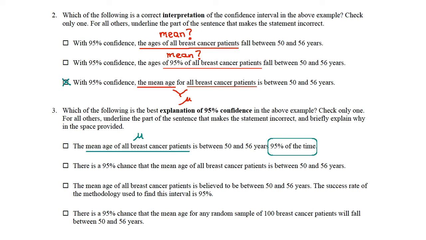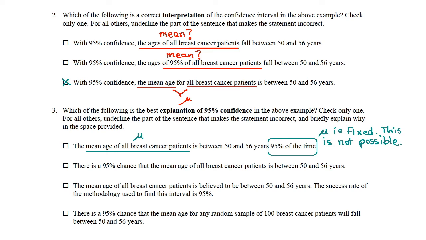And we're not really considering whether mu might change over time because that's not part of the definition of this particular mu. Mu is a fixed value, so it's not possible for it to be between these years sometimes and not between these years other times. So because mu is a fixed value that we are trying to estimate, it's not really possible for us to talk about it this way.